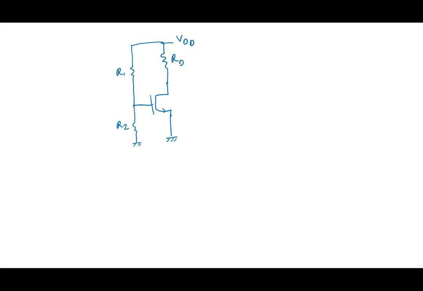R1 and R2, as we just discussed, will decide this value VG, with source at ground, and the current is ID equal to beta N times VGS minus VT square by 2. So the idea is to use the ratio of R1 and R2 to fix VG, which decides VGS. VT is fixed, and beta N is fixed since W by L is given, and that decides the value of ID.